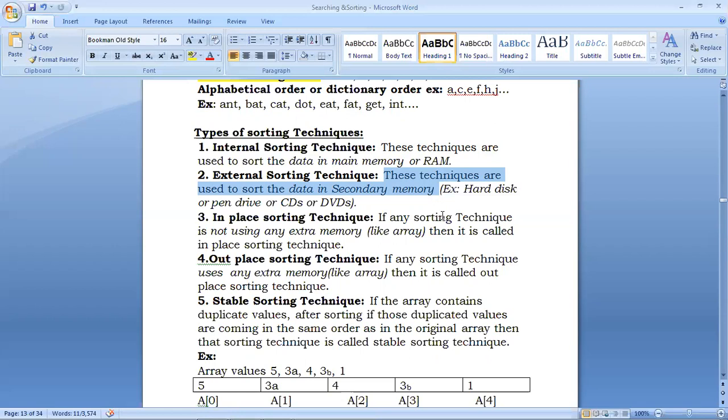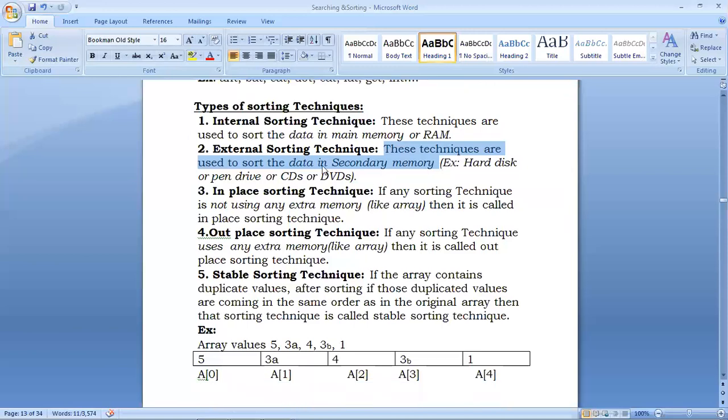The main difference between internal sorting technique and external sorting technique is internal sorting techniques are exclusively used when the data is in the main memory, meaning we use this technique when the data available in the main memory is very less. When we have huge data, normally huge or large data is available on secondary memory, for example hard disk, we use external sorting technique.